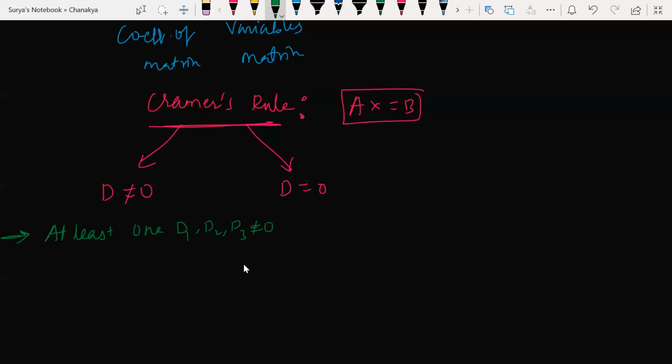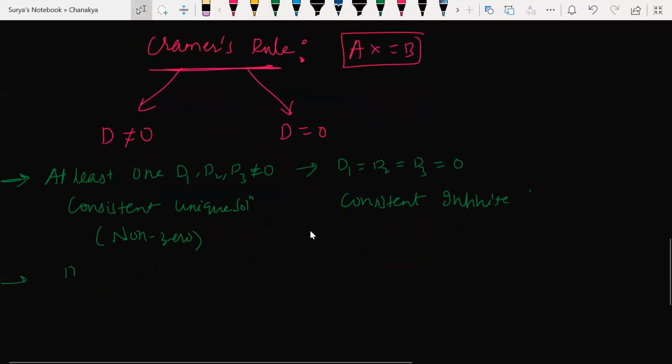Then you will be having a consistent, unique solution, which is non-zero, correct? And if D is equal to 0 and D1, D2, D3 are all 0, you will have consistent, infinite solutions.